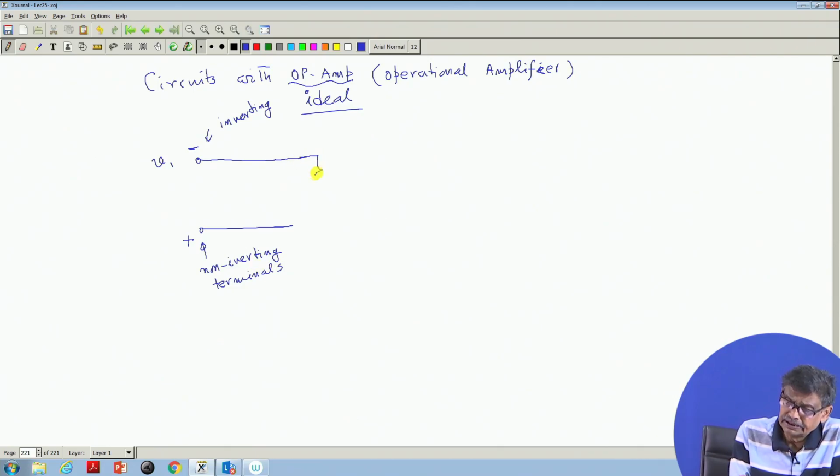And to this it has an input impedance connected to the source.